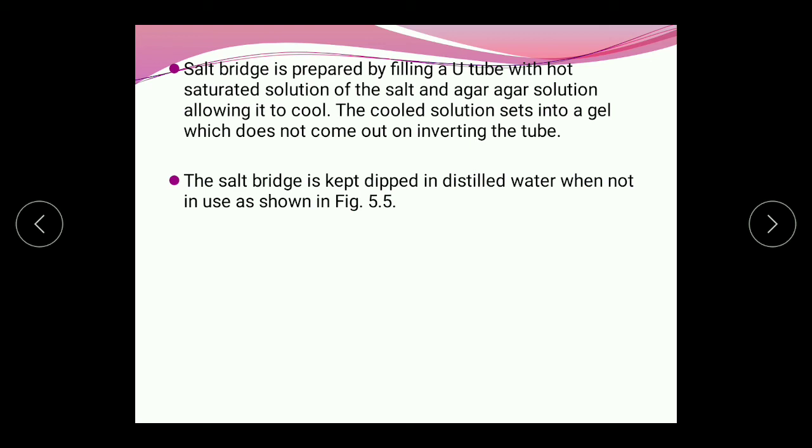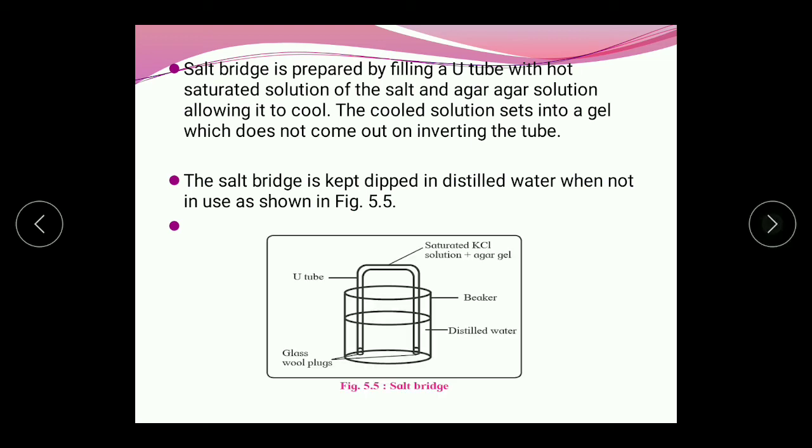Now, the salt bridge is kept dipped in distilled water when not in use. That means the salt bridge is actually like this. The tube is hollow, containing saturated KCl solution plus agar gel. And when it becomes cool, that agar will convert into gel.